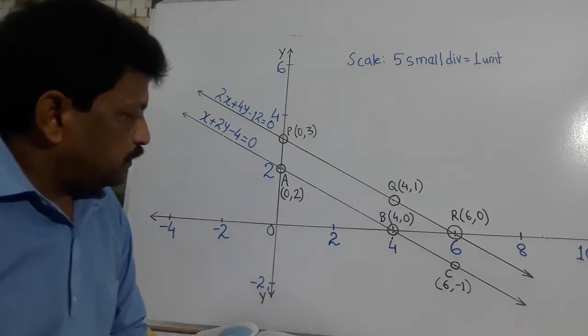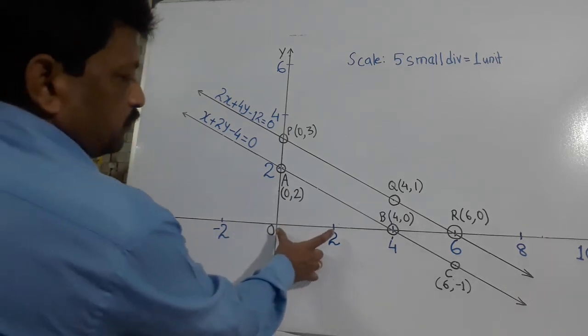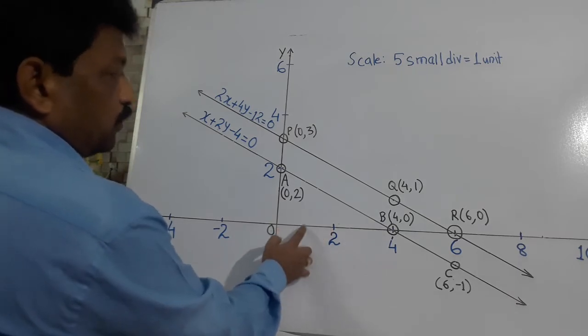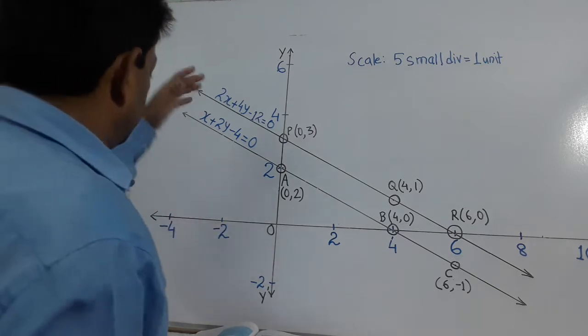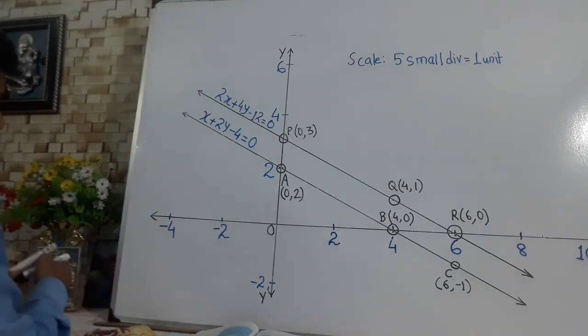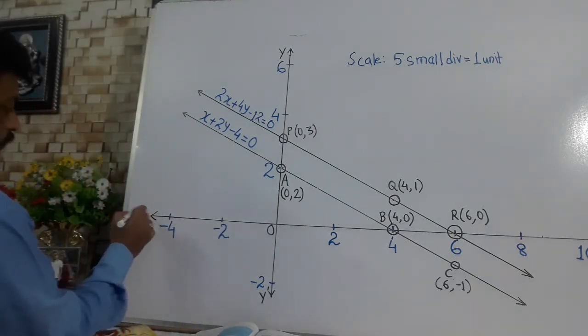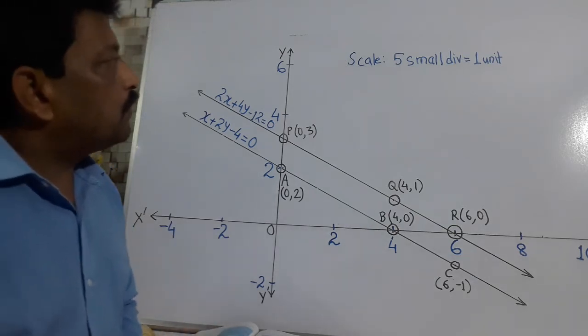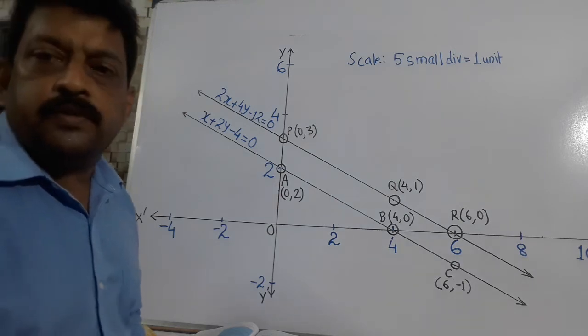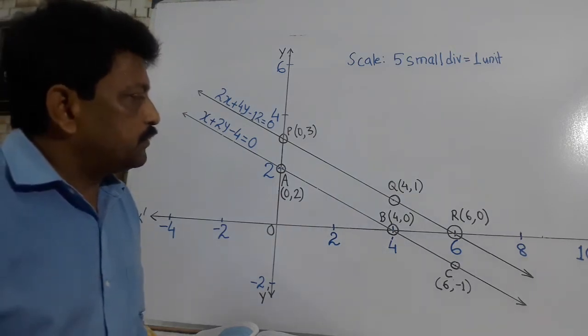Understood? Here I have taken 10 small divisions as 2 units, therefore 5 small divisions equal 1 unit on both the axes, x axis and y axis. This is the way to represent graphically.